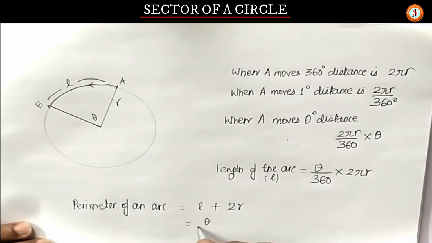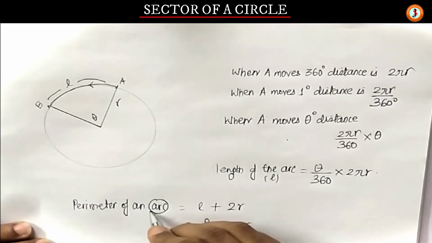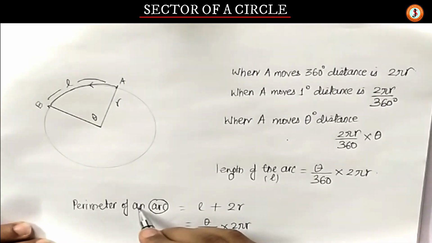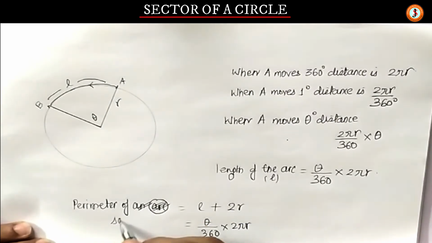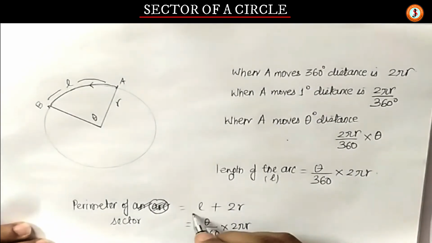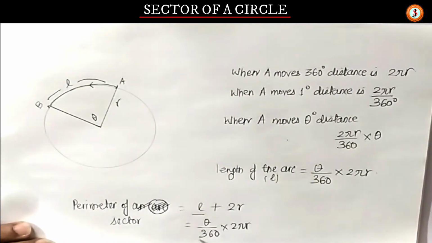So perimeter of a sector will be length plus 2r, that is, theta by 360 into 2 pi r is the value of L over here, plus 2r.